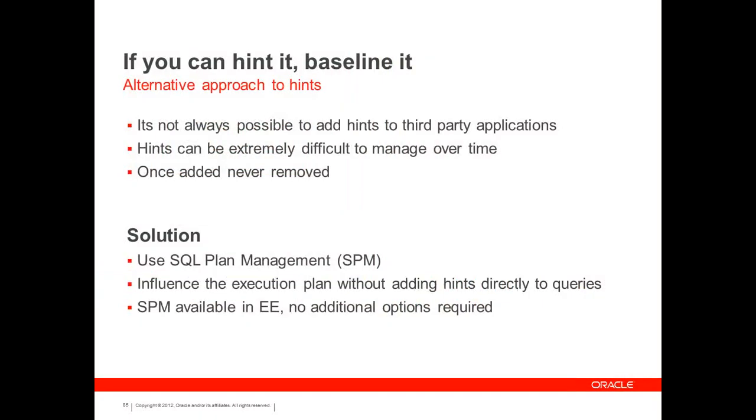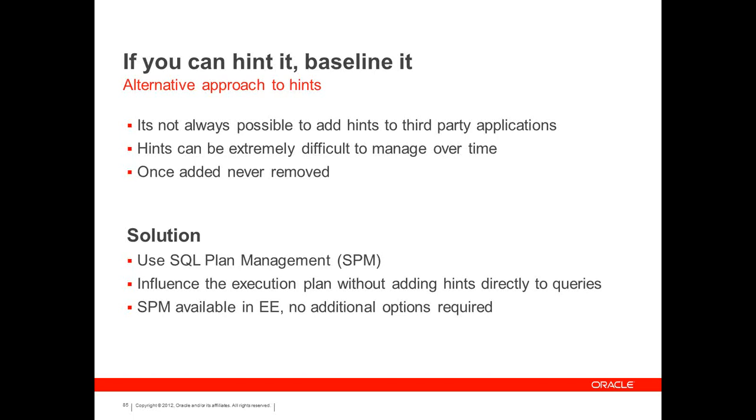Basically, if you can hint a query, if you can get into SQL Plus and have that query run with a plan you want, either by changing a session environment variable or an init.ora parameter, faking statistics on the table, putting a hint in there, if you can get the right plan for that query, we can take that plan for the hinted query, for the query in the session with different settings, and tell the database to use that query plan for this query, even without the hints, even without those session settings.